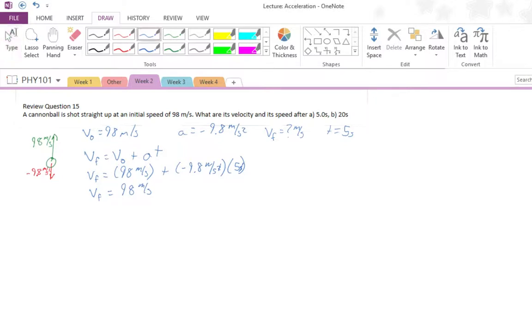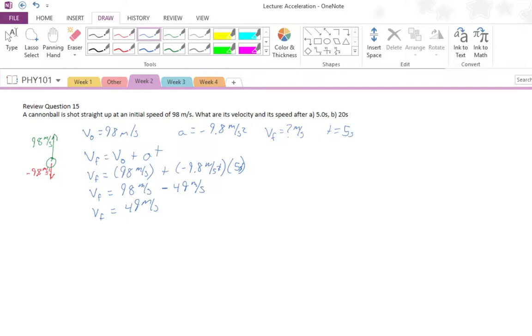And note it gives us a negative 49, since it's a negative 9.8. So negative 49 meters per second. So our final velocity is equal to 49 meters per second. So after 5 seconds, the cannonball is still traveling upward. But it's lost a significant amount of its initial velocity, but it's still moving in the upward direction.